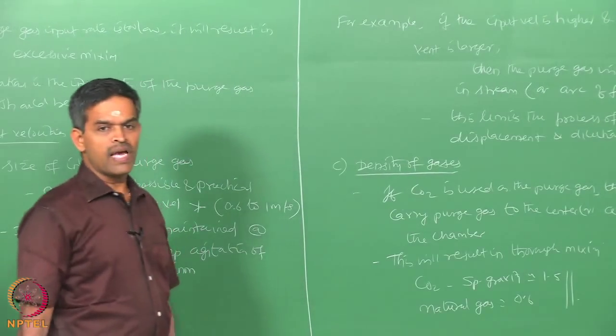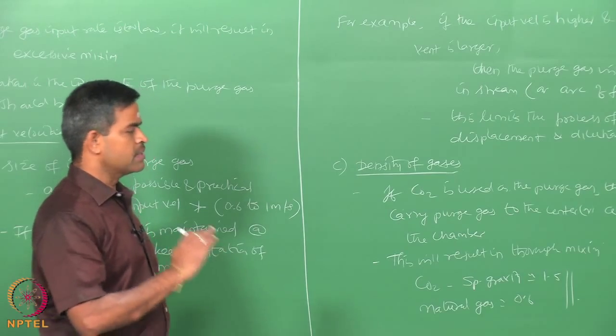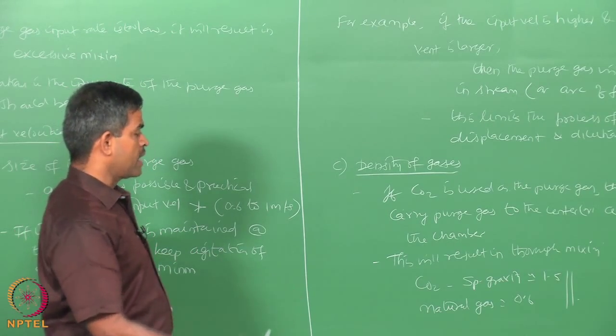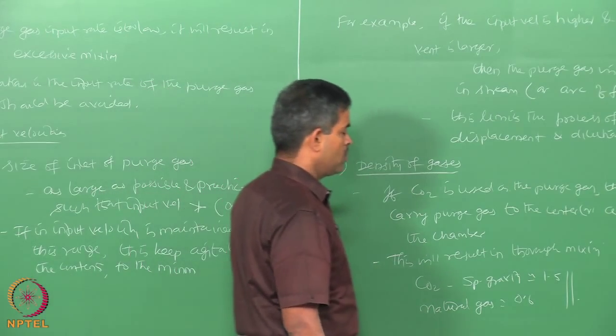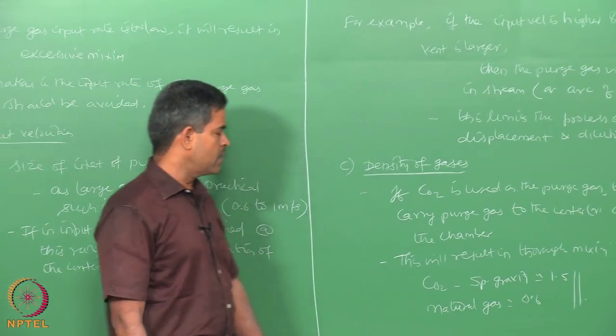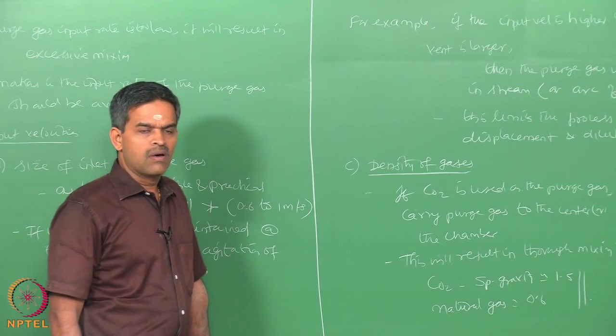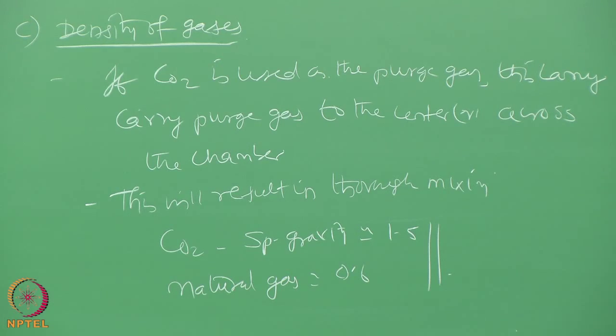So, the density of the gases, in terms of the purge gas and the air or gas in the vessel, plays a very important role in assessing the efficiency of the purging operation.